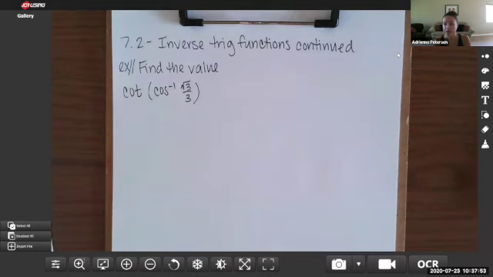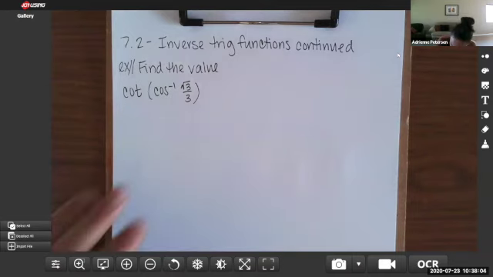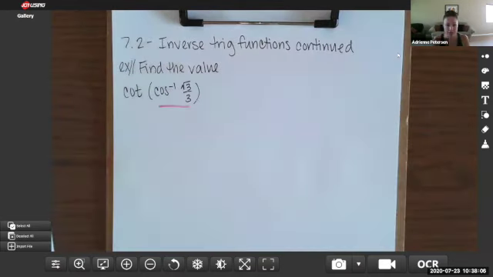In math, anytime we have more than one function or operation applied in a row, we always work from the inside out, right? Inside parentheses to the outside. So what I want to do here is start with the inside operation. We'll evaluate this, and then we'll do the outside operation. The inside operation is inverse cosine of root 3 over 3.